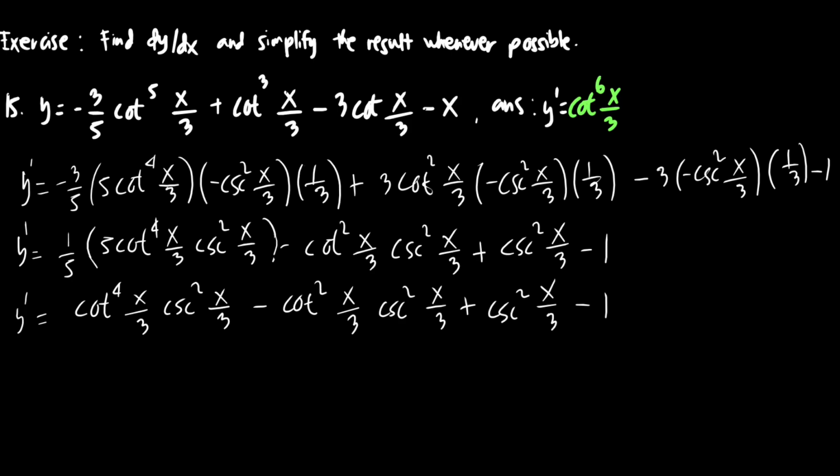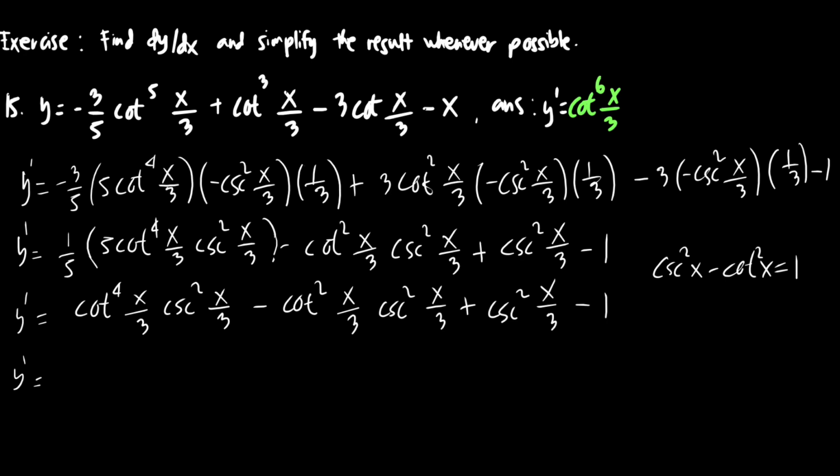So again, we want the lesser trigonometric function, so cotangent. We know this identity: cosecant squared x minus cotangent squared x is equal to 1, right?